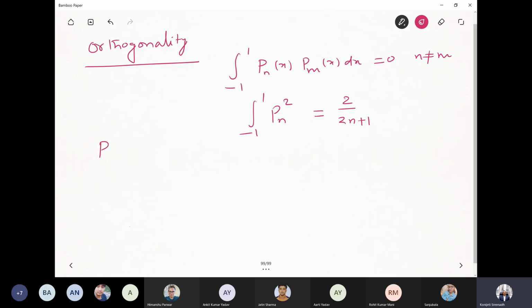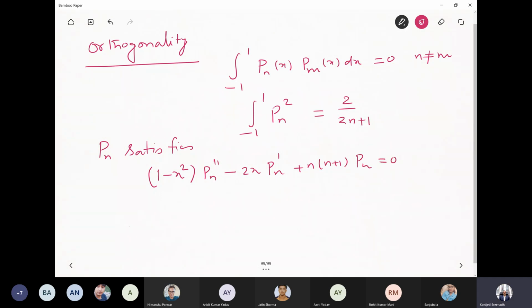Pn satisfies the Legendre equation: 1 minus x square into Pn double prime minus 2x into Pn prime plus n into n plus 1 into Pn is 0.